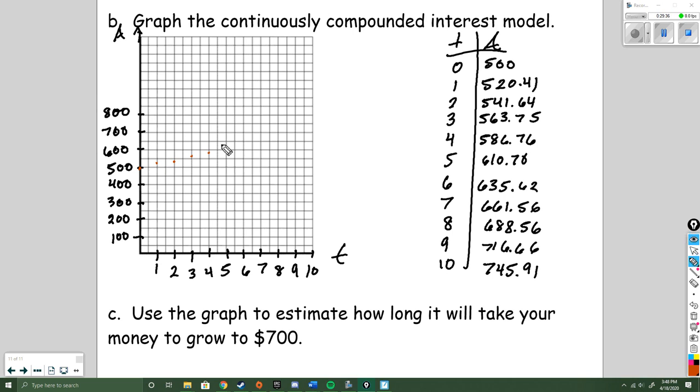Let me pick up the pace here. 610. 635. 661, right there. 688. 716. 745.